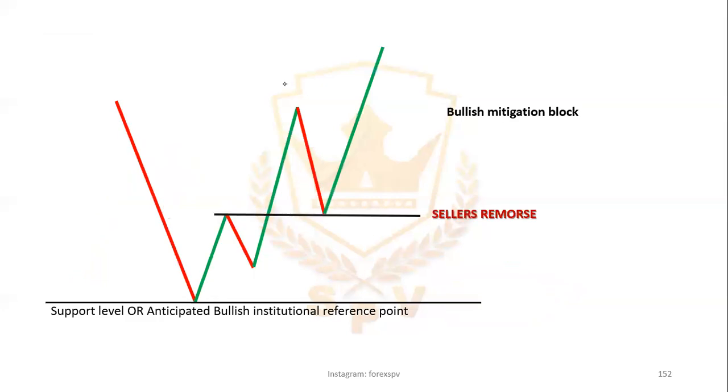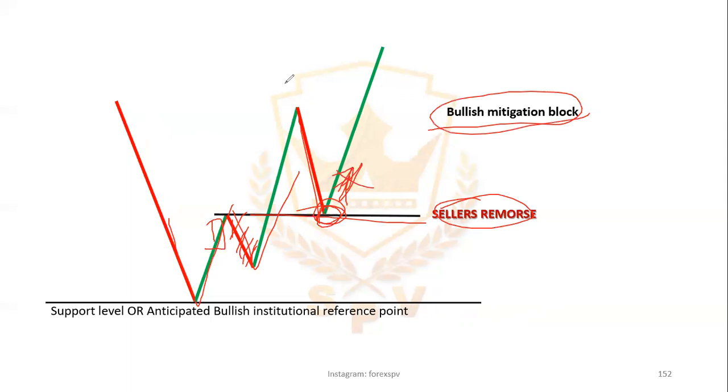So for a bullish mitigation block, we would have the last green candle right there, and we would wait for a reaction around this point for us to take a buy. And this is called a seller's remorse area, because we'll be allowing the sellers who entered in the wrong direction of the trend to scratch out their trade. So this is called a bullish mitigation block.